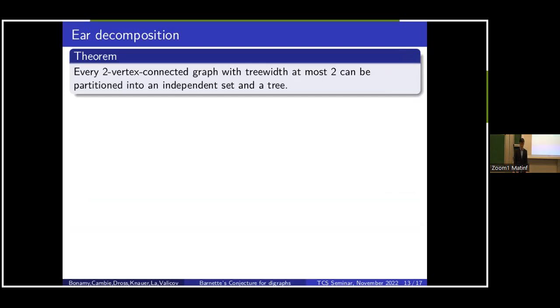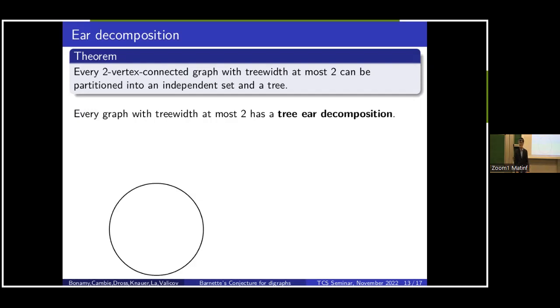Every graph with tree width at most 2 actually has what we call a tree ear decomposition. So what's an ear decomposition? You can partition your graph into these ears. You start with a cycle, and then at each step you can glue an ear onto it, which is a path where the endpoints of my path lie on some previous ear.